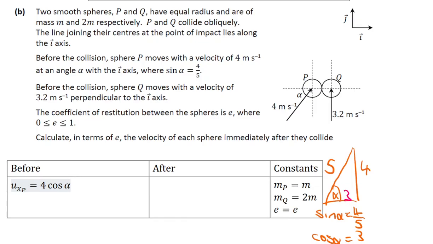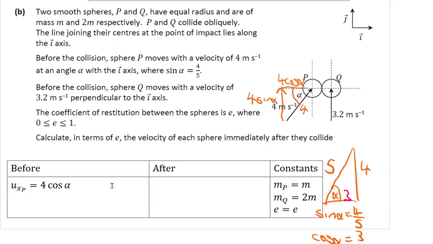If you look at it here, this is our speed 4, there's our angle alpha, and the horizontal component has to be the hypotenuse times cos alpha, and the vertical is the hypotenuse times sine alpha. If you prefer to do this in i's and j's, that's fine too. This is just a way that makes sense to me, which is the most important thing. So u y of p is 4 sine alpha.